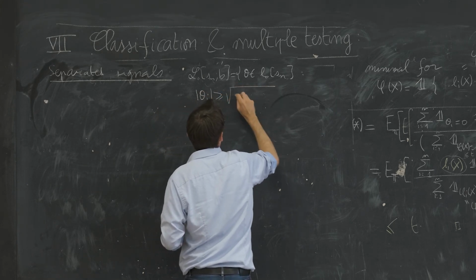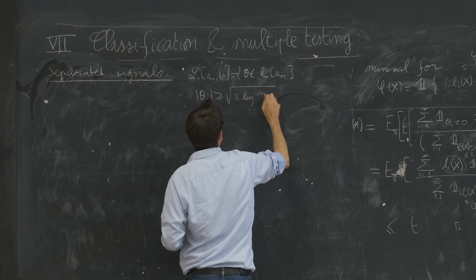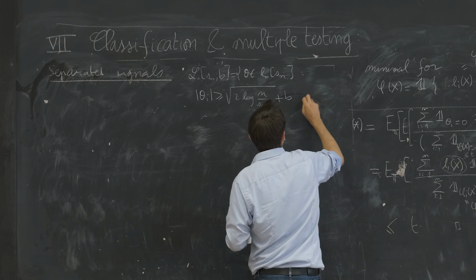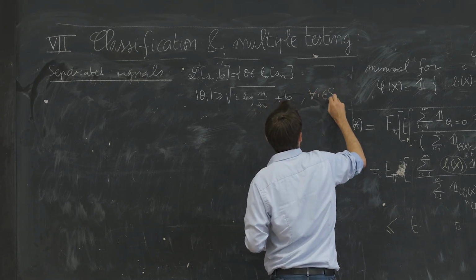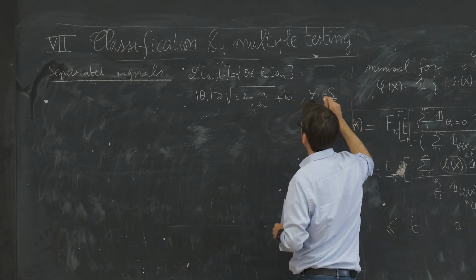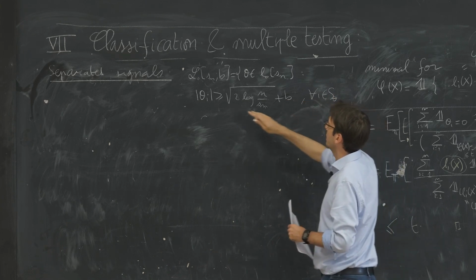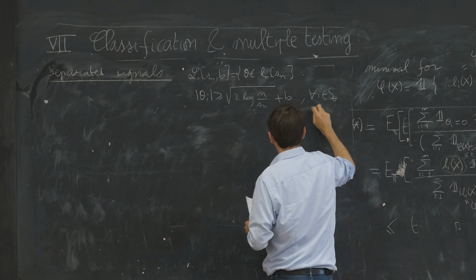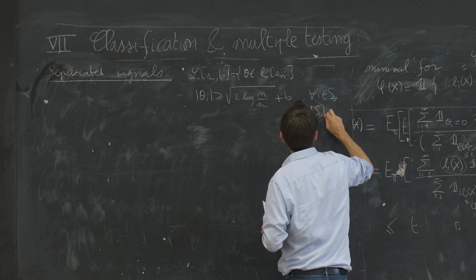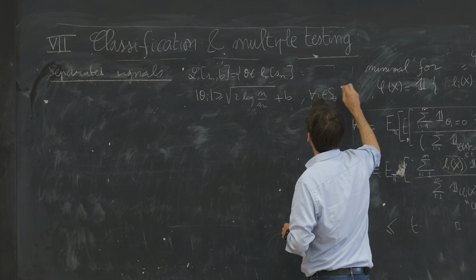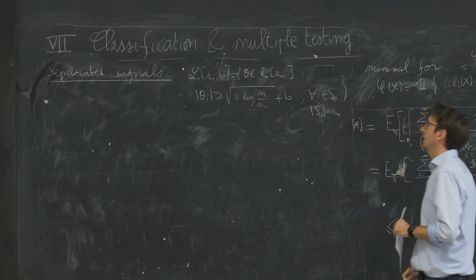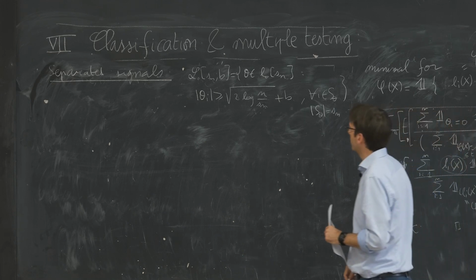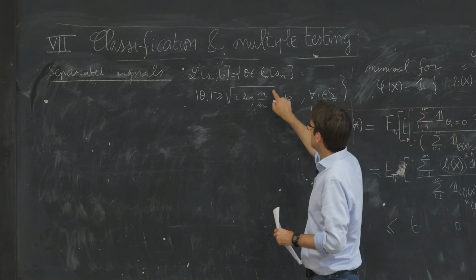Let me already put the answer here, and I'll try to give you an intuition for this. So for all i in the support, where S_theta is the support of theta, for all non-zero thetas, if I have a signal, I want it to be larger than this. And I will also assume that the support has size s_n.